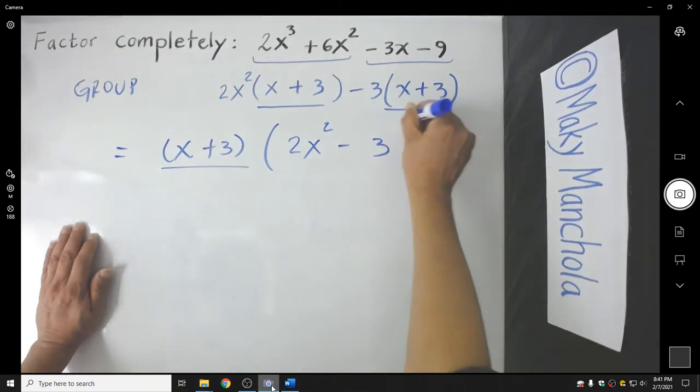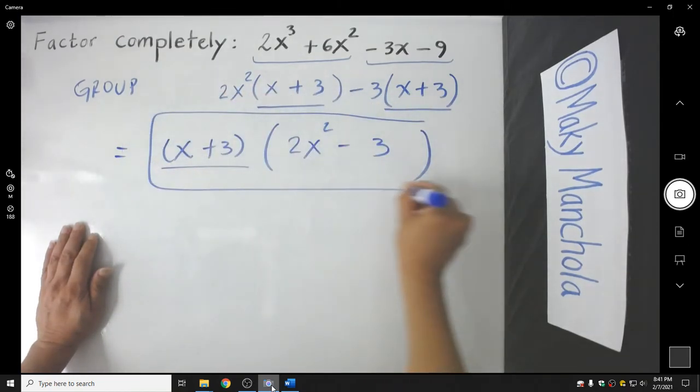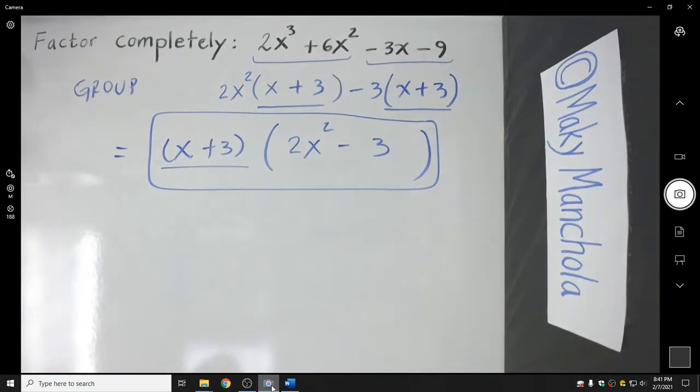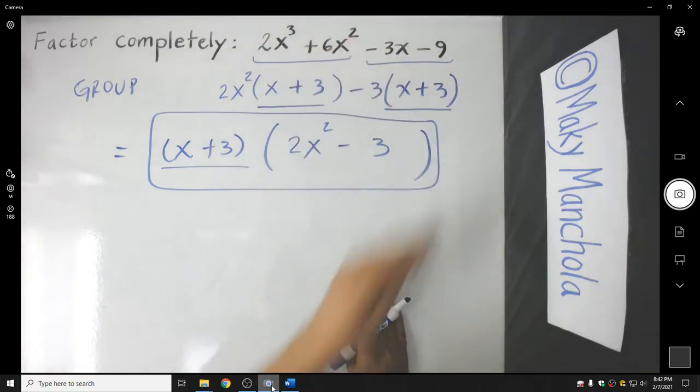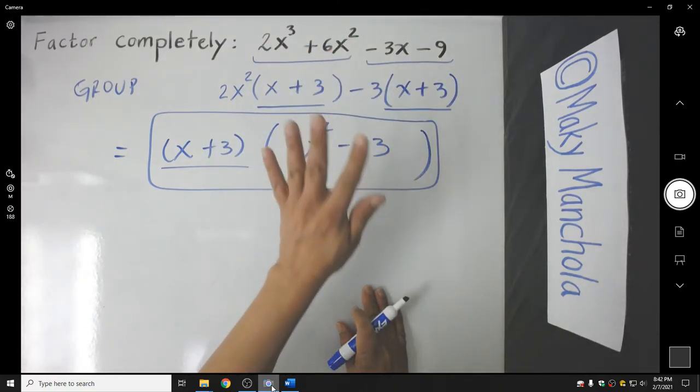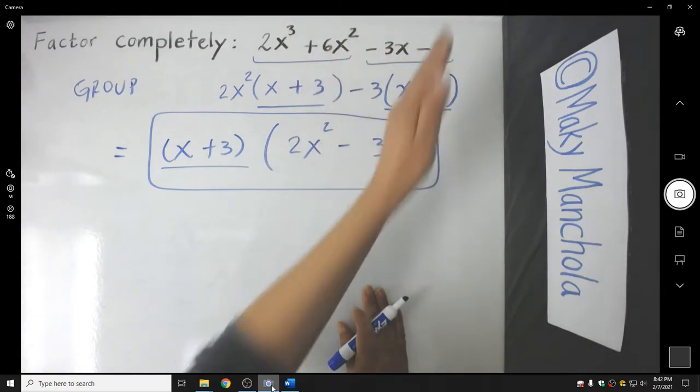Okay, so in this example, we have just experienced the idea of factoring by grouping. Notice that we have 4 terms. So we created 2 groups, the first 2 terms, the last 2 terms.